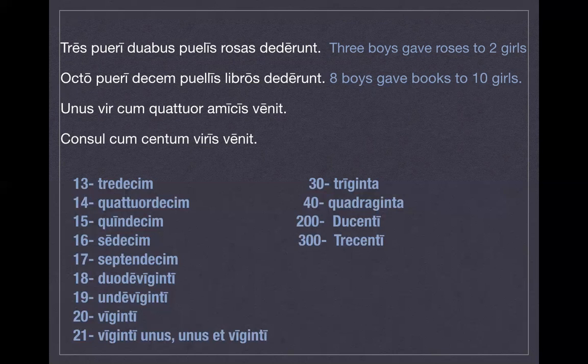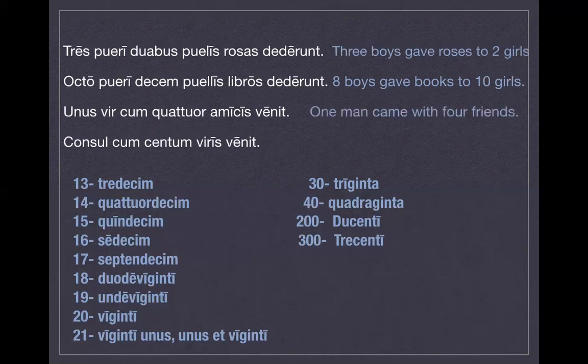Unus vir, only one man, venit at the end, venit, came, one man came, cum quatuor amicis. He came, cum, with how many amigos? Came with 4 amigos. Okay.